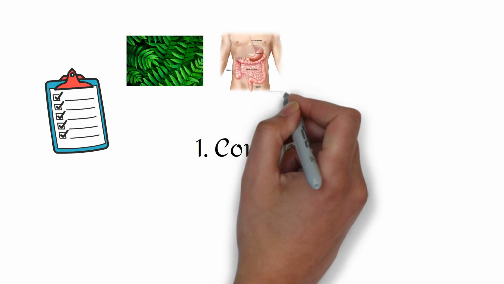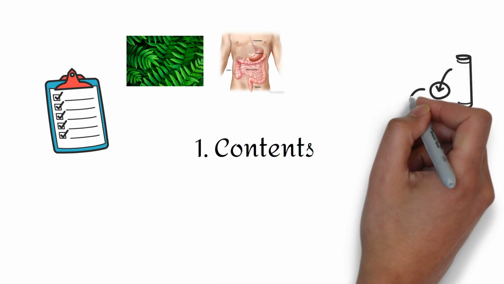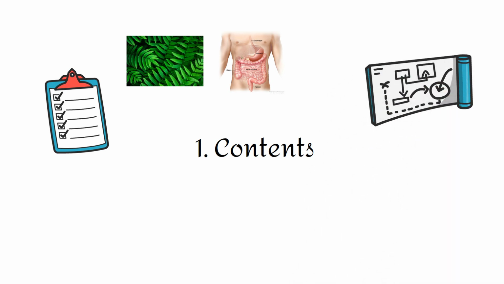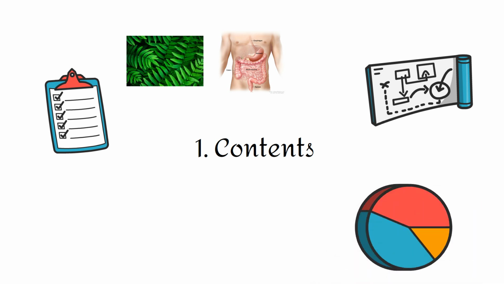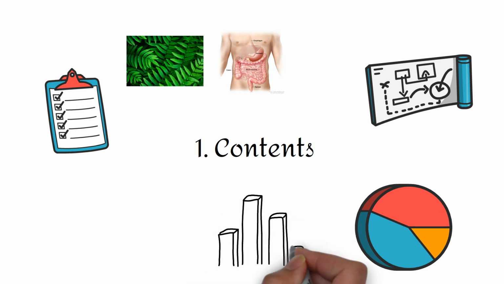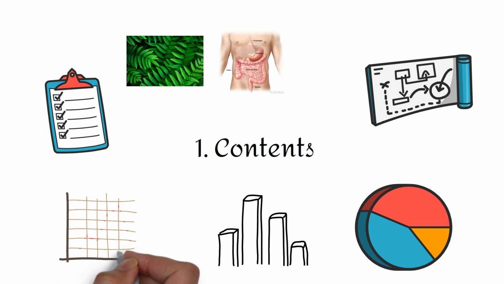You can include them in the introduction. For explaining materials and methods, flowcharts are the best option. You can present your results in the form of pie charts, bar graphs, line graphs, or simply in the form of tables or any other types of graphs.